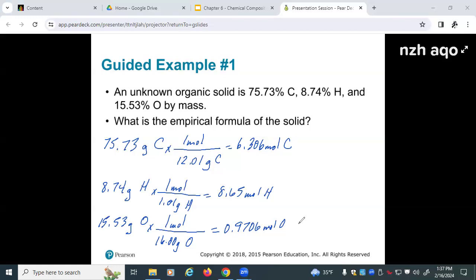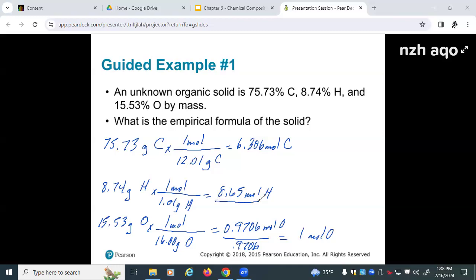So I'm going to have to do a standardization step. This is always the next step. How do I standardize? Well, I need to take my smallest number and make it 1. I do that by dividing it by itself.